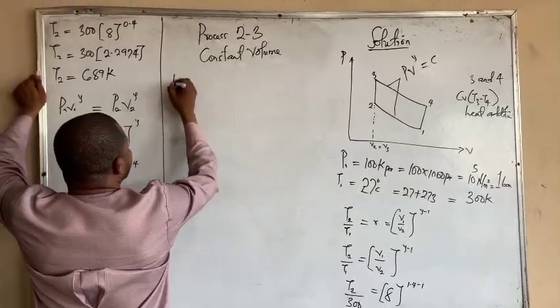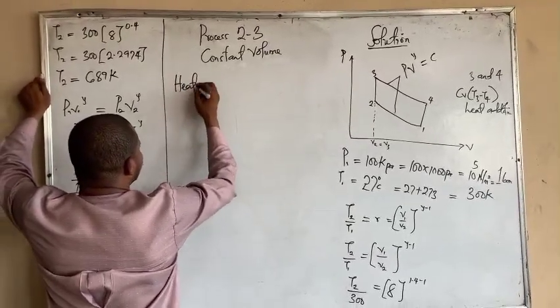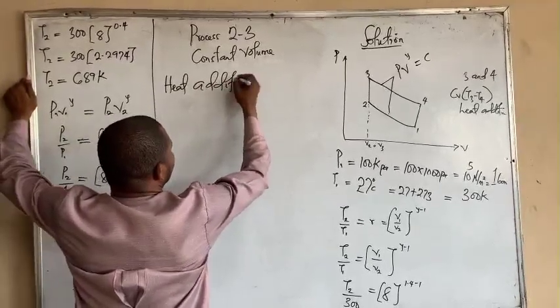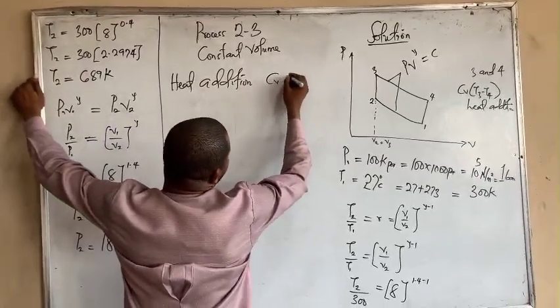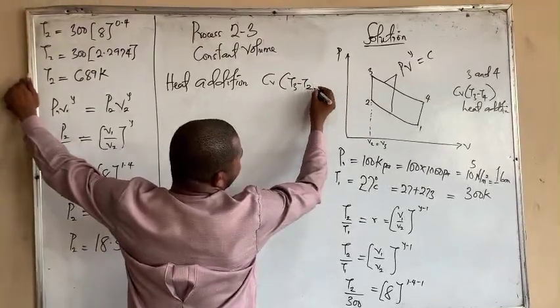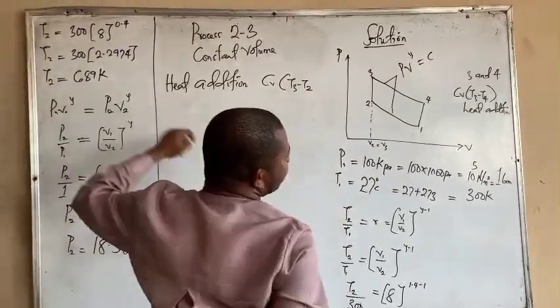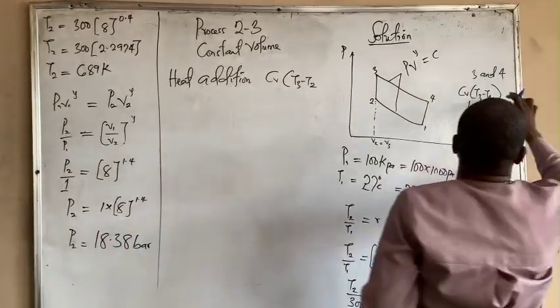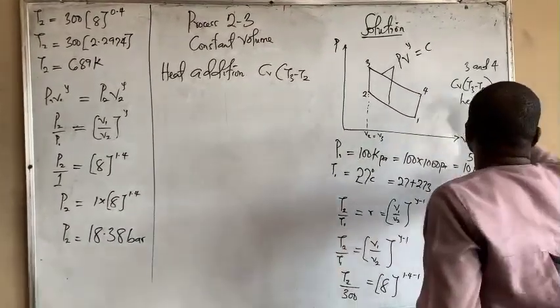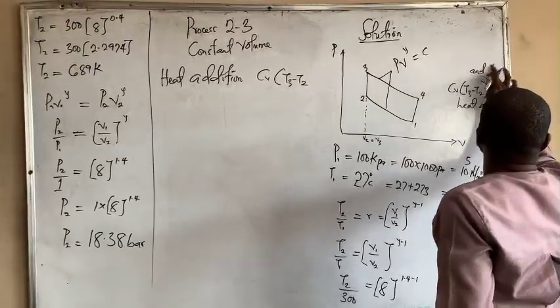At the heat addition region, we have Cv into bracket T3 minus T2. Okay. Heat addition. Sorry, it's T3 minus T2, not T4.